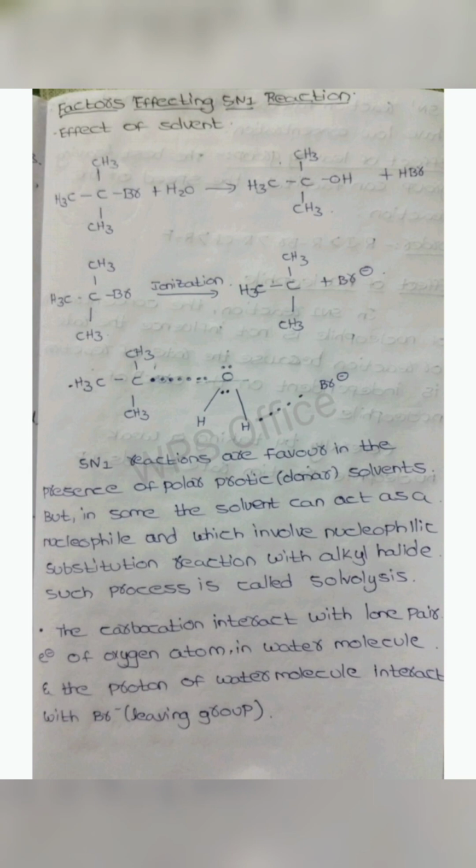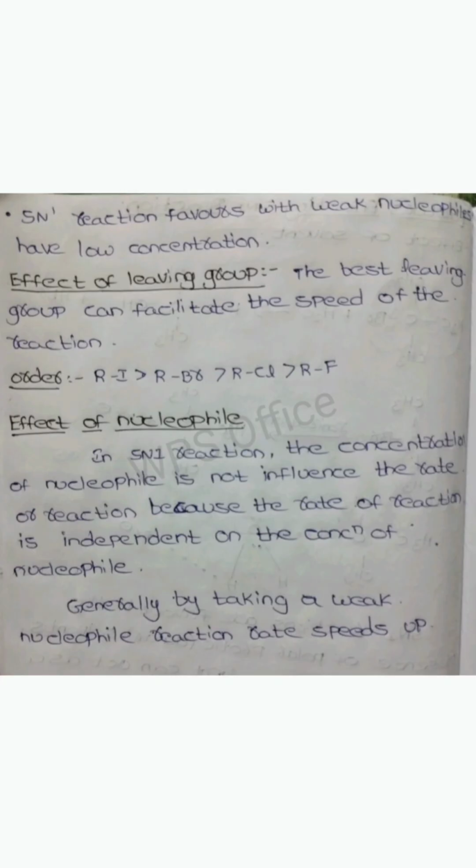In the next step, the carbocation interacts with the lone pair of electrons of the oxygen atom in the water molecule, and the proton of the water molecule interacts with Br minus, which is the leaving group. The SN1 reaction favors a weak nucleophile at lower concentration.